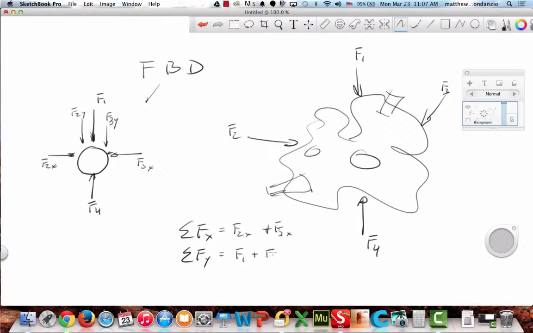F1. Okay. So notice that F4 is positive, and F2Y, F3Y, and F1 are all negative. But notice I just added them anyway, right? Just a sum. The signs will come in when you put the values in, okay?